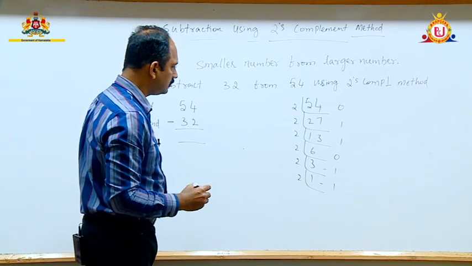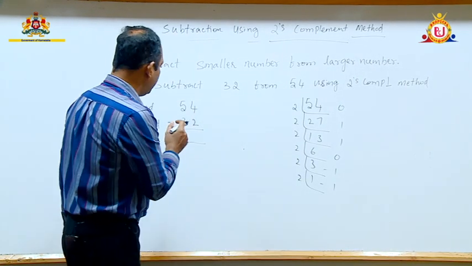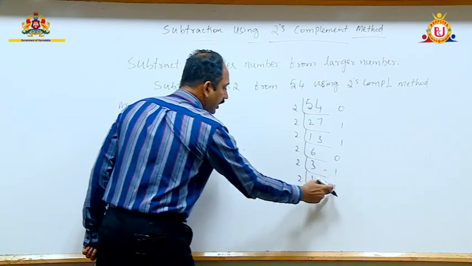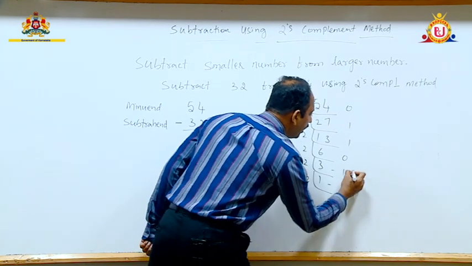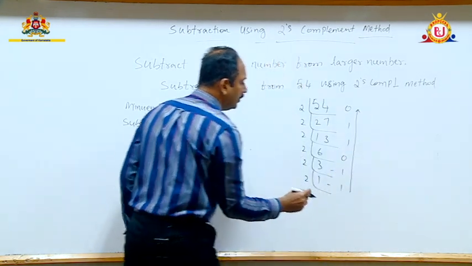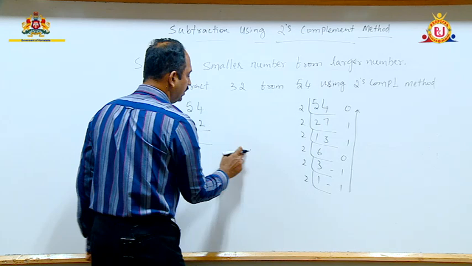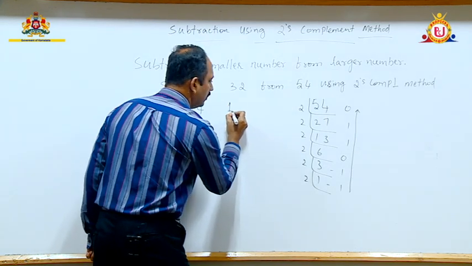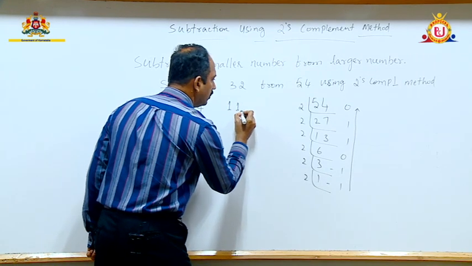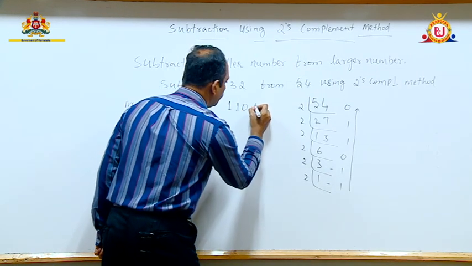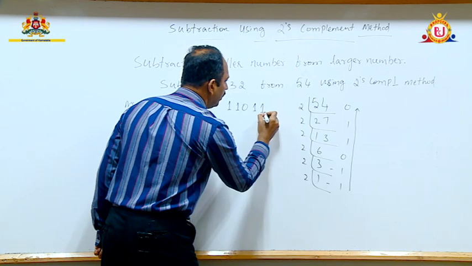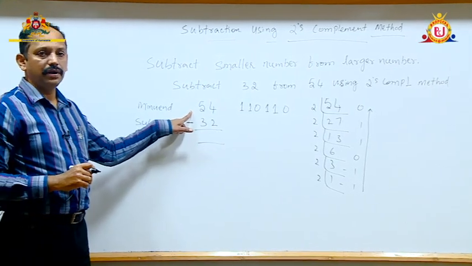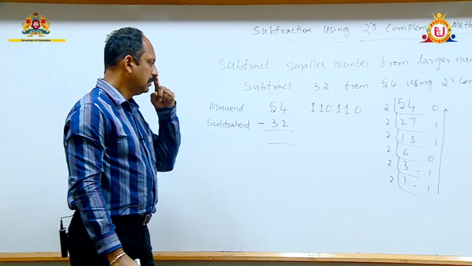So the binary equivalent of 54 is calculated. Let us write this from bottom to top, left to right. So 1, 1, 0, 1, 1 and 0 is the binary equivalent of value 54.